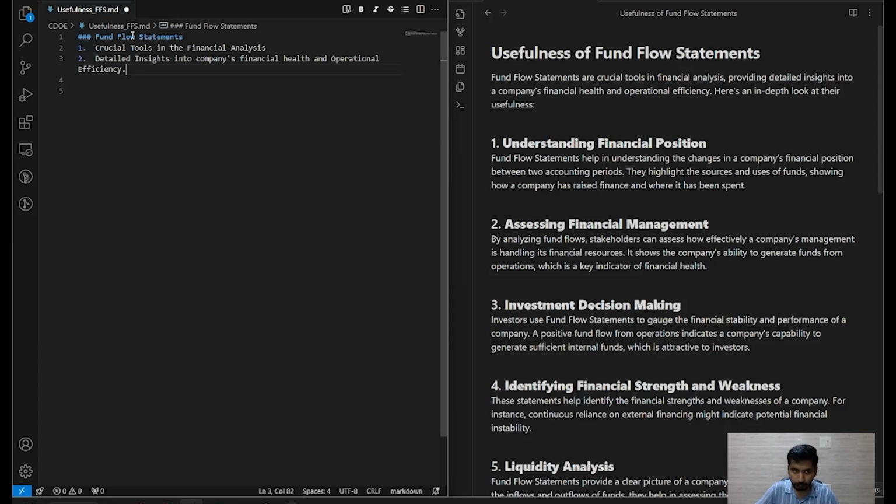Now, they have various usefulness. They are really useful in an organization.